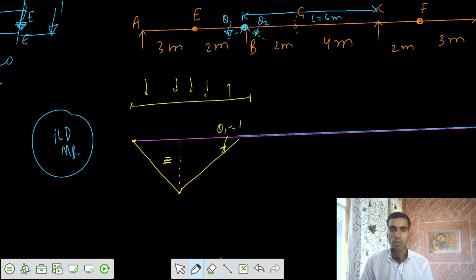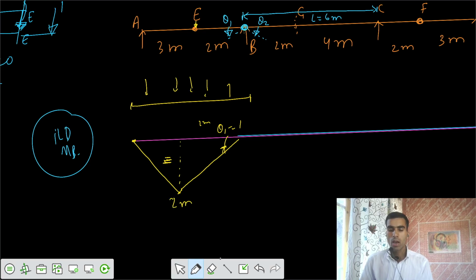When the load was at hinge E, the maximum moment developed on support B, because theta is 1 and this is 2 meter length, is 2.